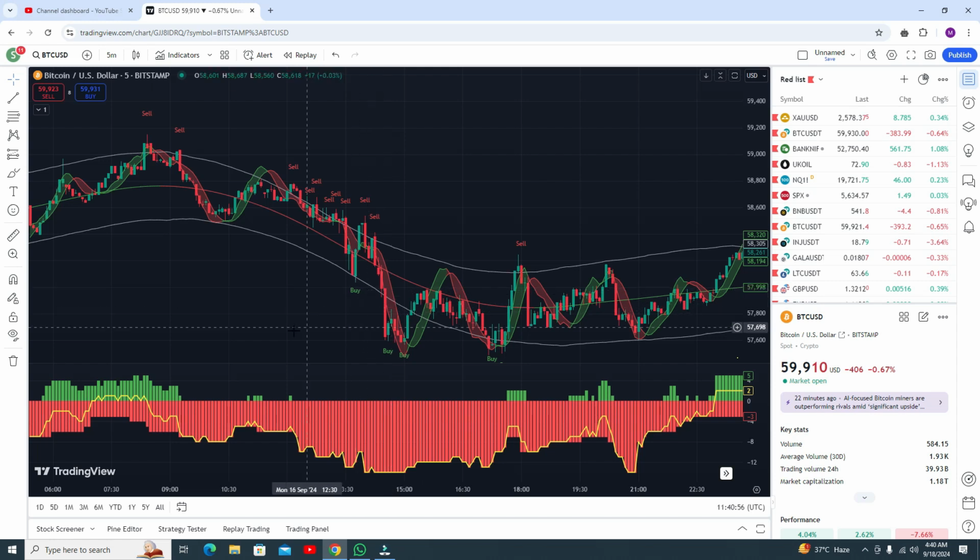Let me show you and explain. Here you can see this is the 0 point, and the yellow line came below the 0 point. This is the volume indicator. In the volume indicator, the yellow line has come below the 0 point. So this means the market will go downside, or you can say the sell volume is increasing.